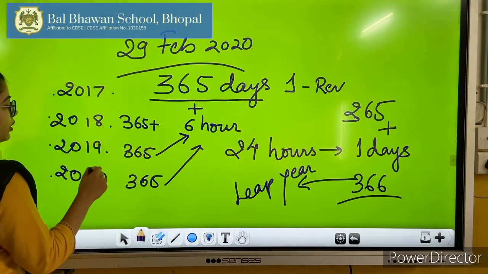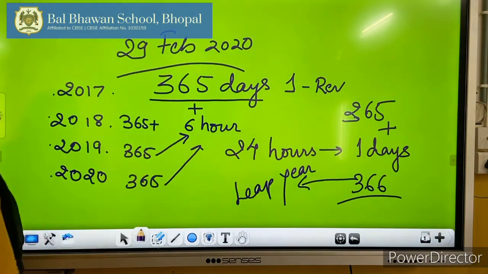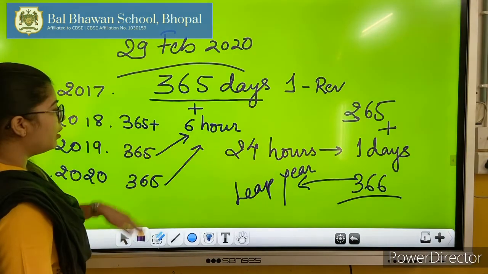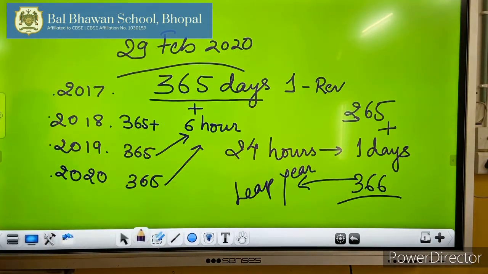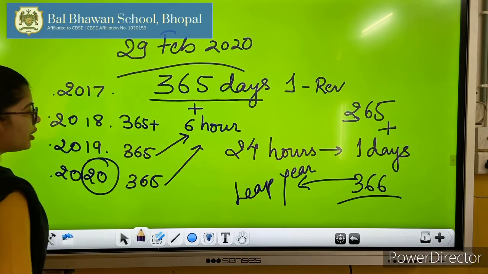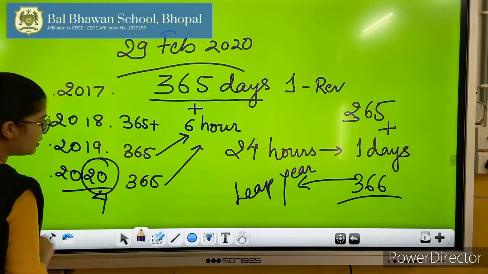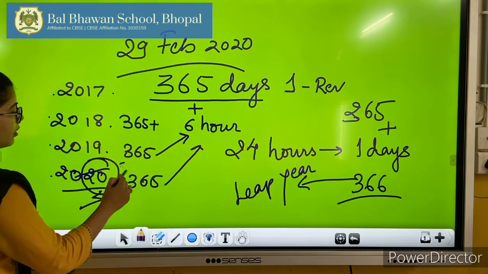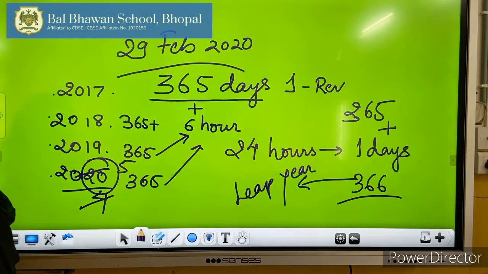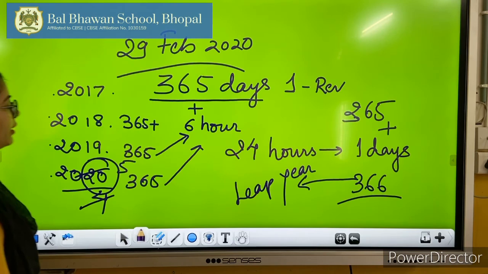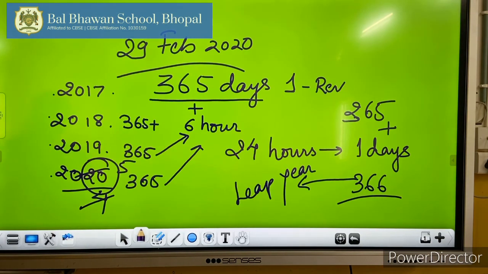But in the 4th year, these 6 hours will be added with this year, and that will give you the extra day. And how do we come to know which year will be the leap year? The last 2 digits, if they are divisible by 4, that means that year will be a leap year. So kindly find out in your calendar whether 2020 was a leap year or not.